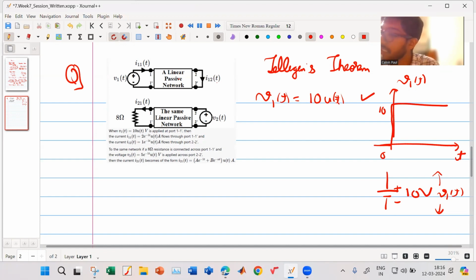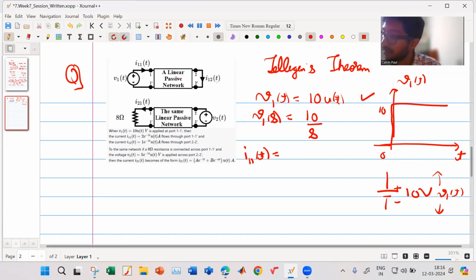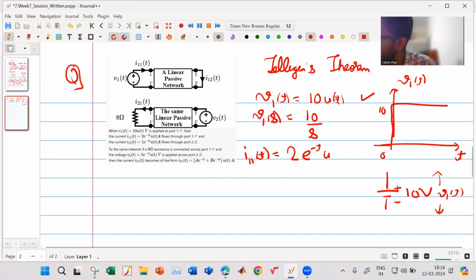Now what is the Laplace transform of this? What is V1 of s? Yes, it is 10 by s. Now, what is I11 of t? I1 of t is 2 into e to the power minus t u of t.